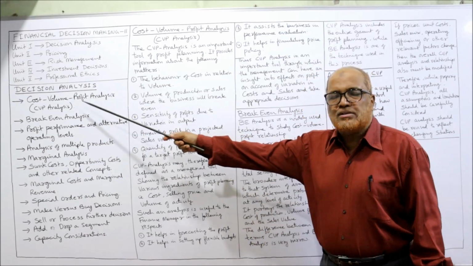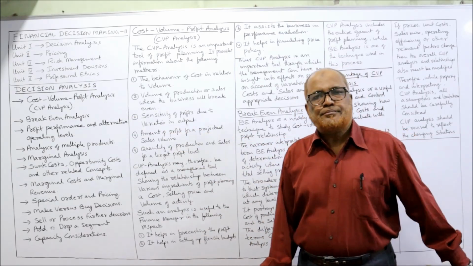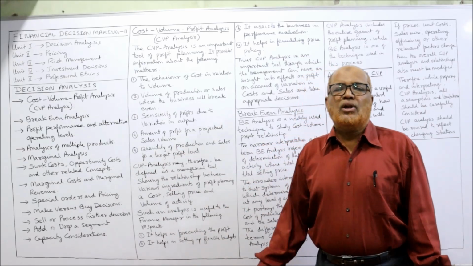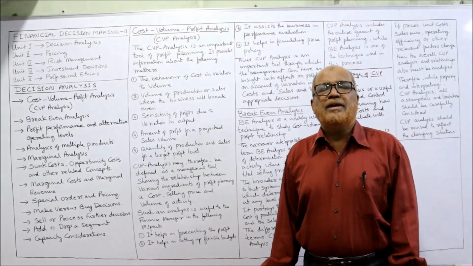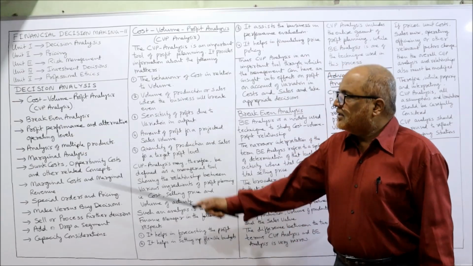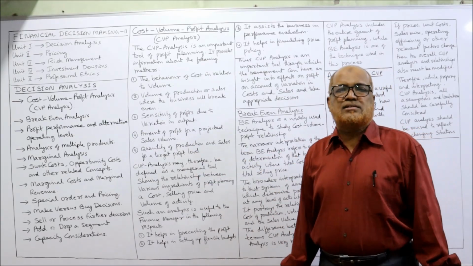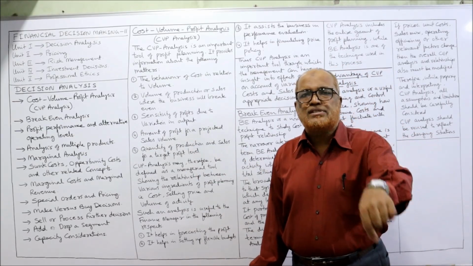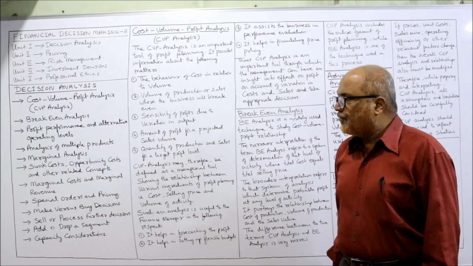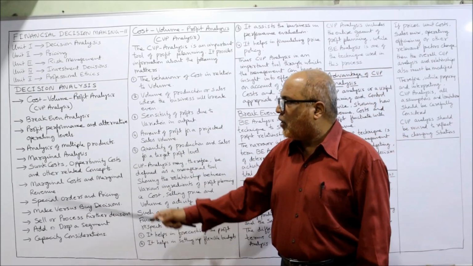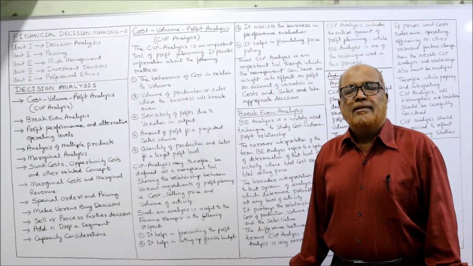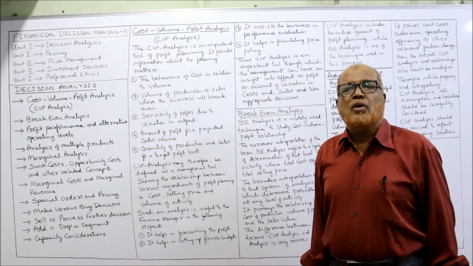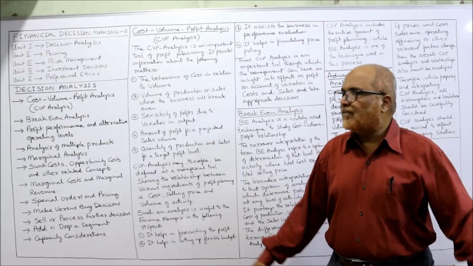So important topics in this unit number 1 are, first of all, cost, volume, profit analysis. Simply it is called CVP analysis. Then break-even analysis, which is a technique of CVP analysis. Thirdly, profit performance and alternative operating levels. The management has to evaluate the profit performance at different levels of activities.